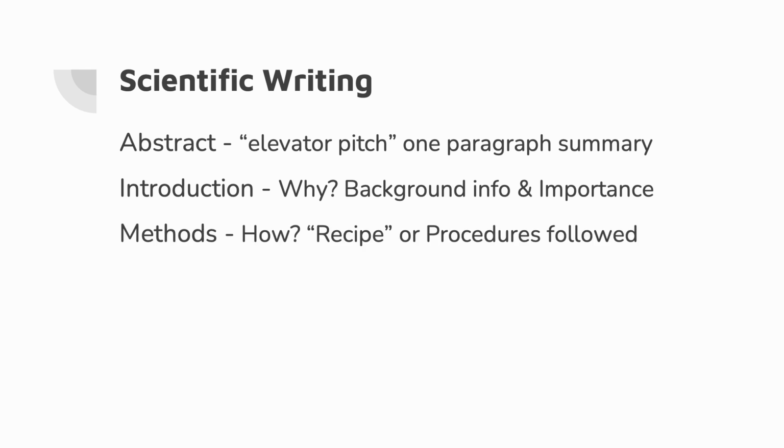Methods. Methods is sometimes called methods and materials or materials and methods. For us in APA format, we're just going to call it methods. So this is the how, specifically your recipe, your protocols, your procedures that you followed. So you want to be very, very detailed here. Somebody should be able to read your method section and be able to replicate your experiments.